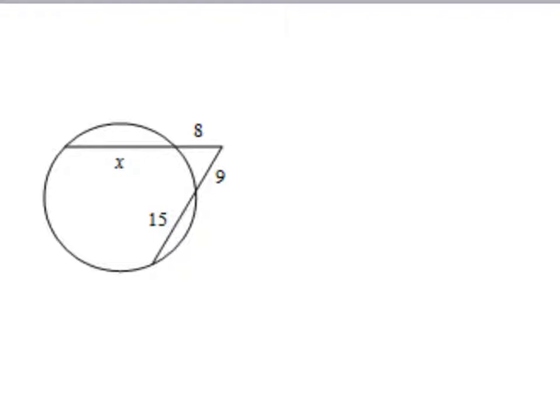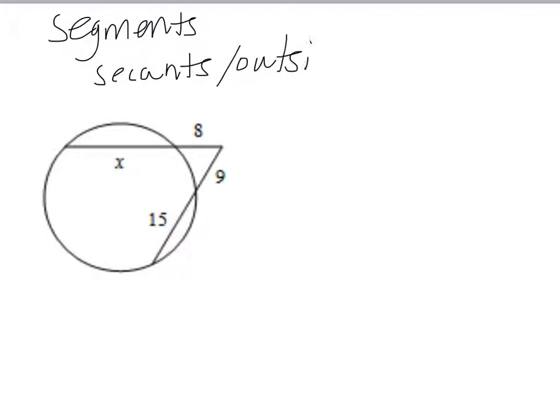Alright, here's another one where we're dealing with segments, except this is two secants intersecting outside the circle. So my formula for these is part times whole equals part times whole, or PW equals PW.